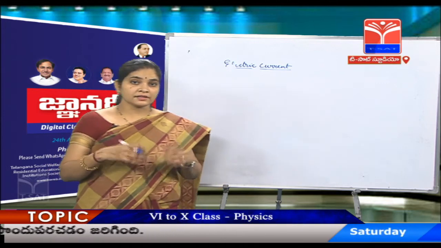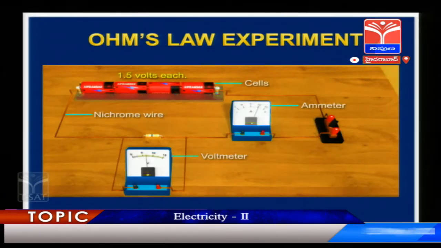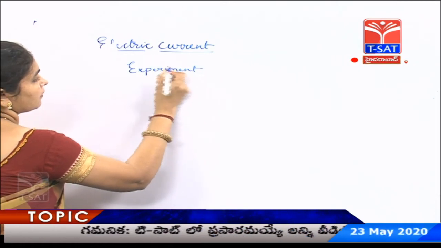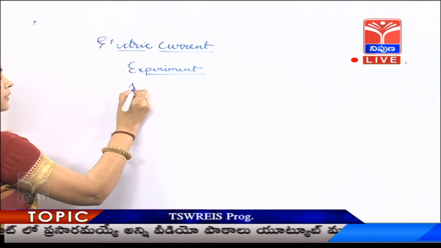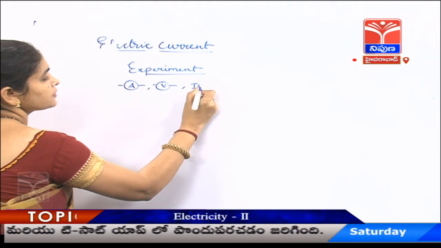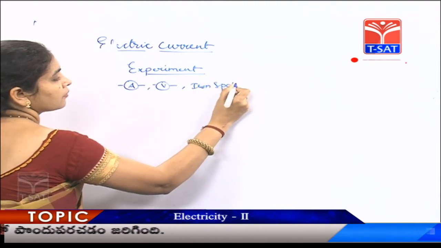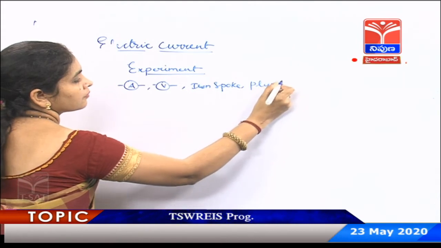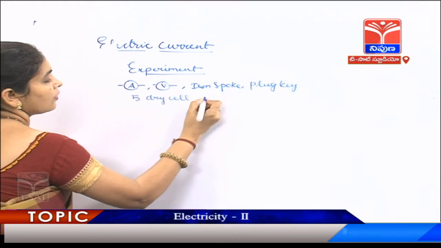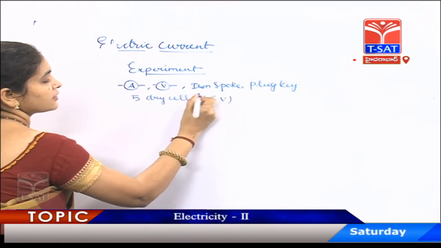Children, let us discuss an experiment to verify this Ohm's law. What are the materials required for this experiment? We need an ammeter, a voltmeter, an iron spoke, a plug key, and 5 dry cells of 1.5 volts each.